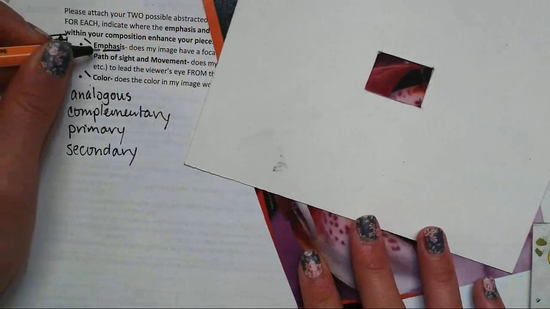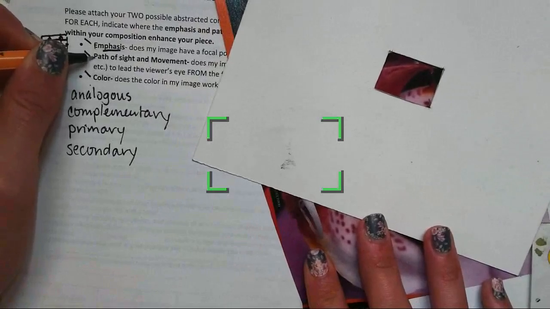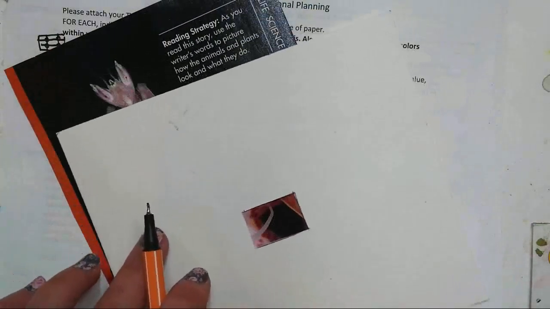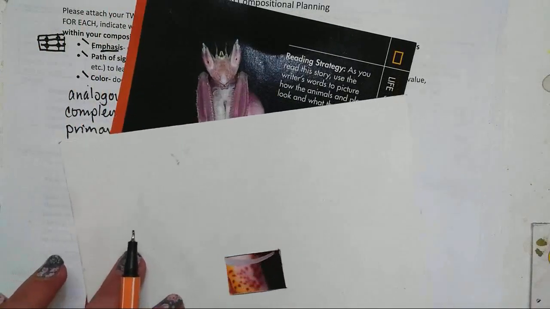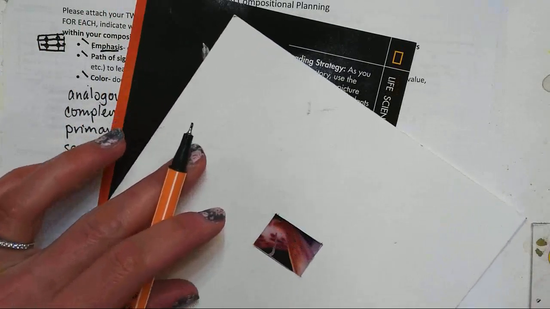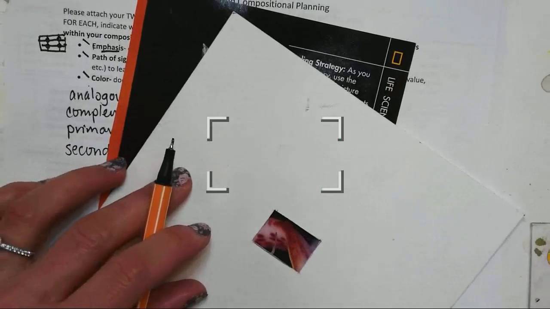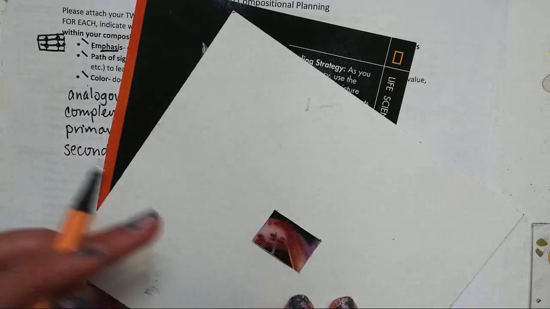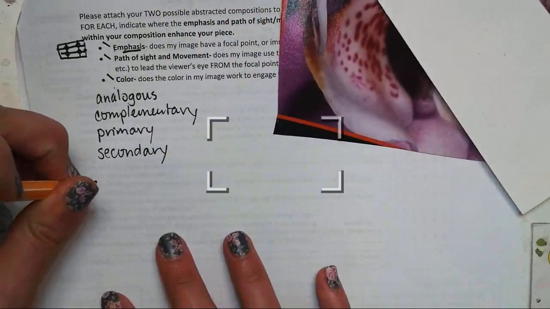So thinking about emphasis, path of sight, and movement, and color, you're going to find a composition that you think you would like to paint. You also want to think about abstracting the image. We didn't write that on here, but I'm going to write down abstraction.